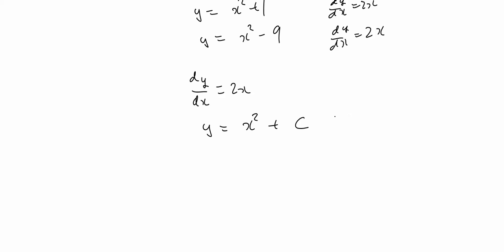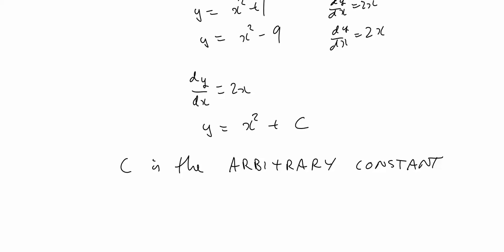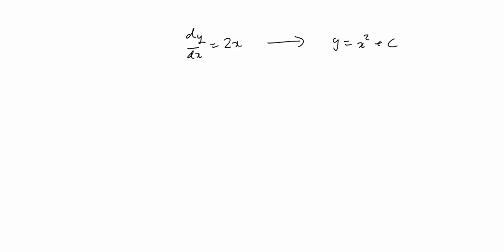It's known as the arbitrary constant. So if dy by dx is 2x, then this gives the curve y equals x squared plus c. This process is known as integration.